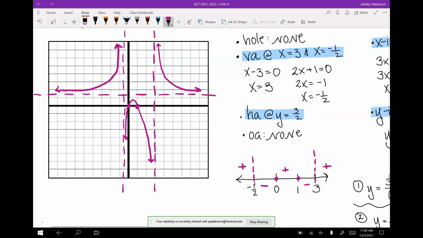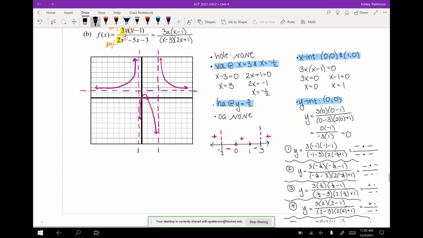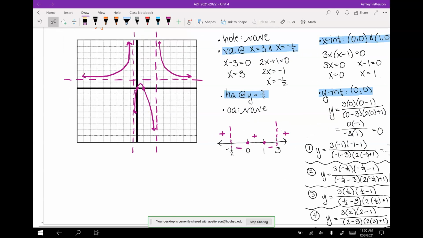What is restricting the domain here? Anything? Do we have any restrictions on the domain at all? Yes or no? Chloe? Yeah, thank you. The vertical asymptotes, everyone, are always going to restrict the domain. So if you want to write that down, please do so.